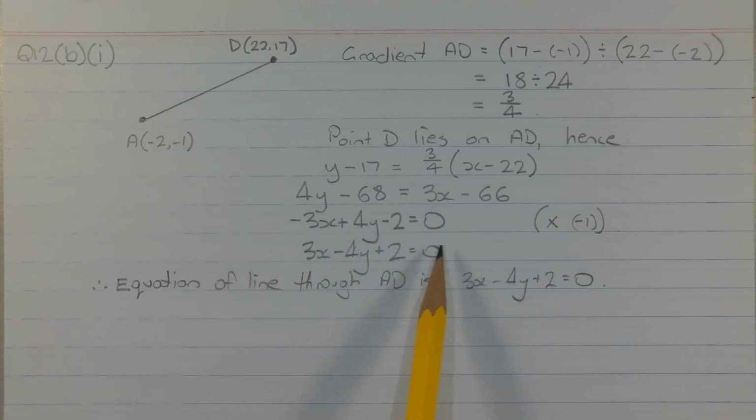Now, it's almost in general form, but the coefficient of x has to be positive, not negative. So multiplying all terms by -1, we get 3x minus 4y plus 2 equals 0. Therefore, the equation of the line through AD is 3x minus 4y plus 2 equals 0 as required.